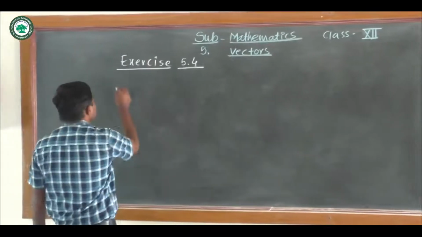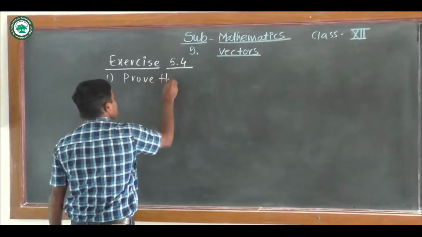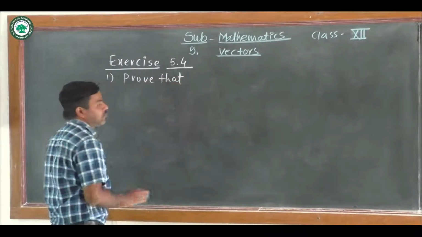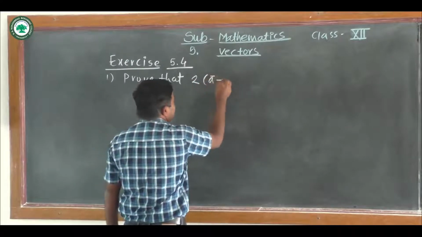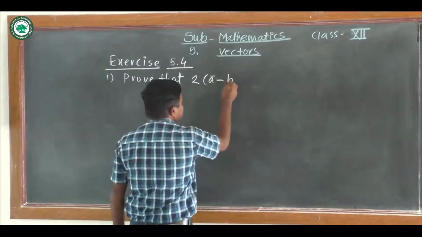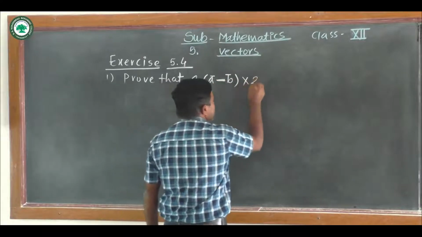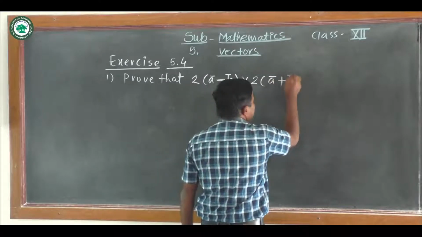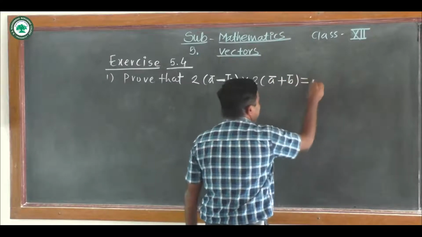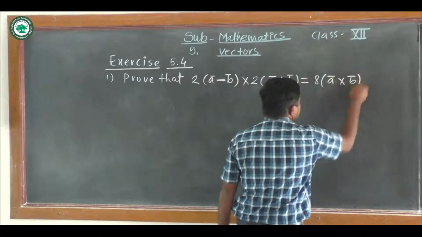Prove that (2a̅ − b̅) × (2a̅ + b̅) is equal to 8(a̅ × b̅).